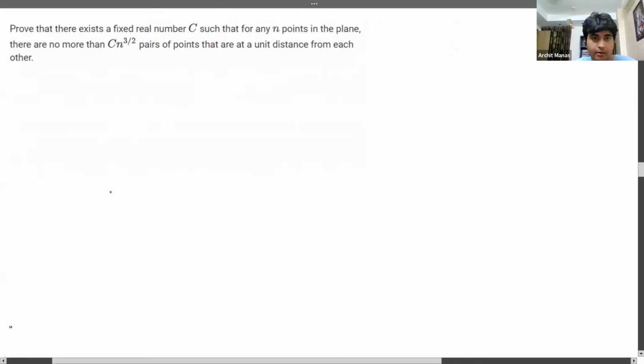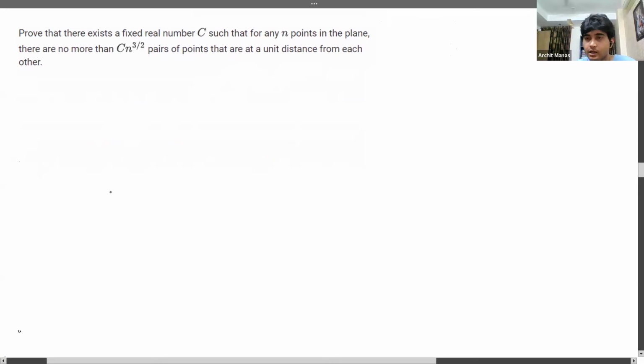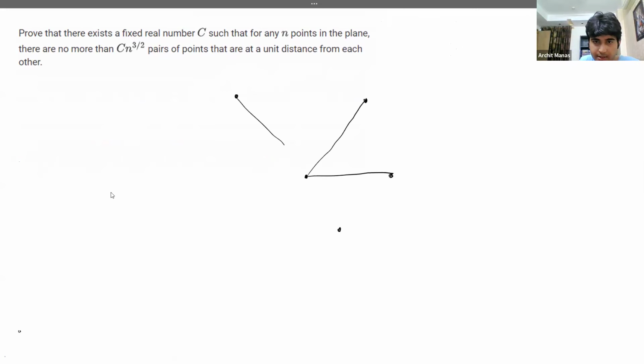Okay. So the problem basically says that you have these endpoints marked in the plane, and you're looking at these pairs that are at a distance of exactly 1. So for example, you would not mark either of these, but maybe this is also exactly 1. And you want to show that the number of such pairs can't be too big. So it's at most 10 root n times some constant c.